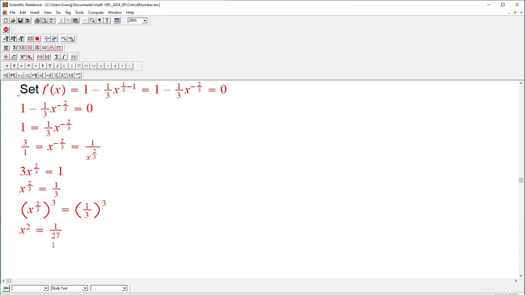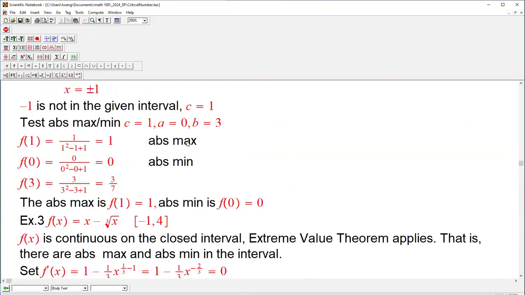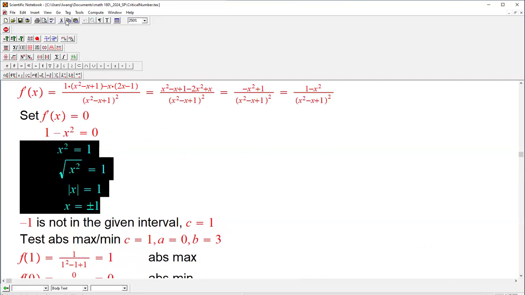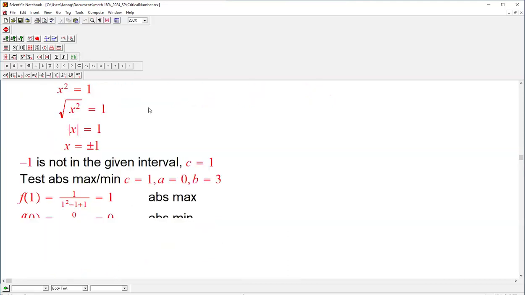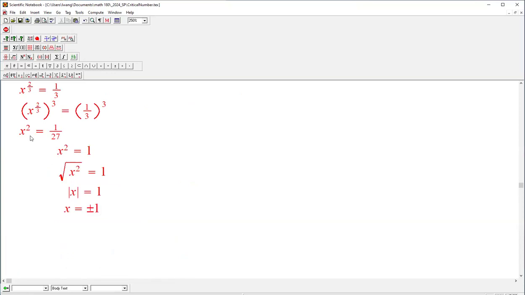Next, we take the square root on both sides. It's a similar drill as this one, except the right-hand side is not 1.